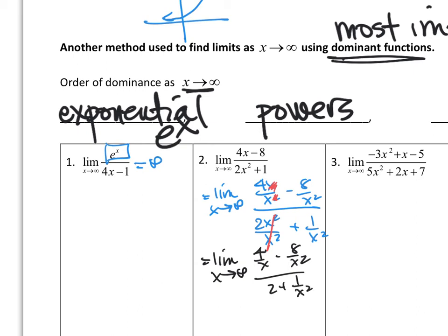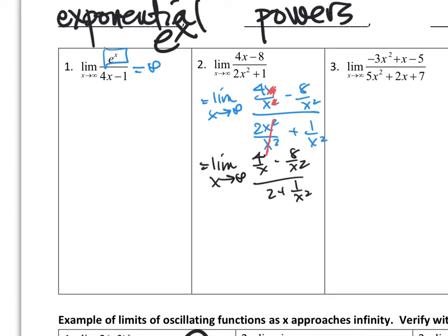So now if you notice, this goes to 0, this goes to 0, this goes to 0 because of our rule, and we are left with 0 plus 0 over 2, which is 0.